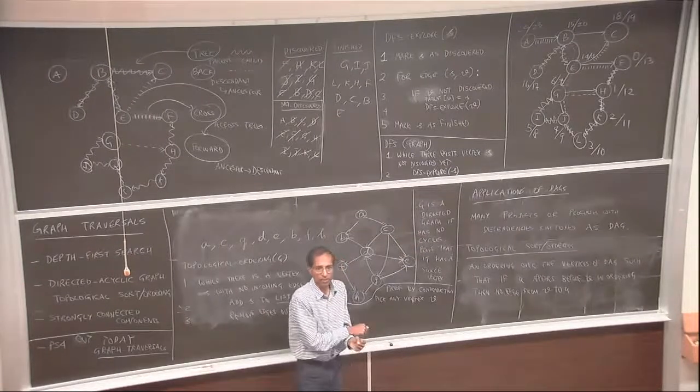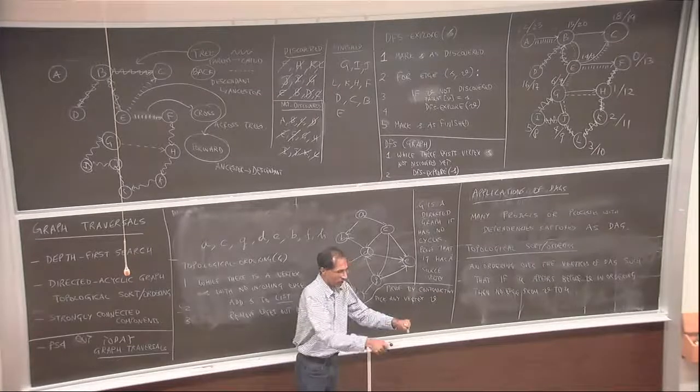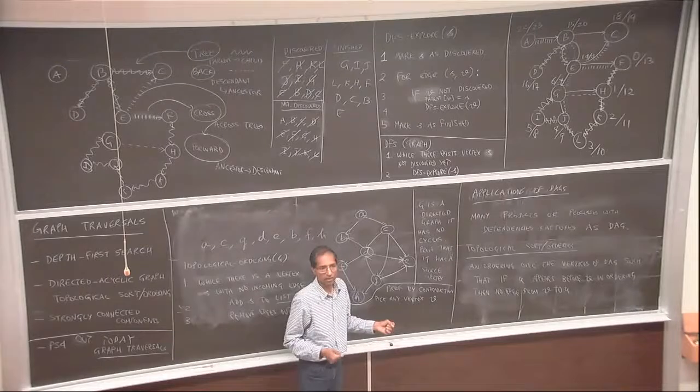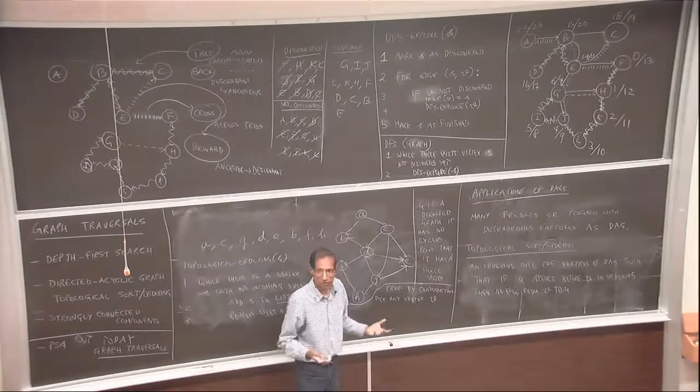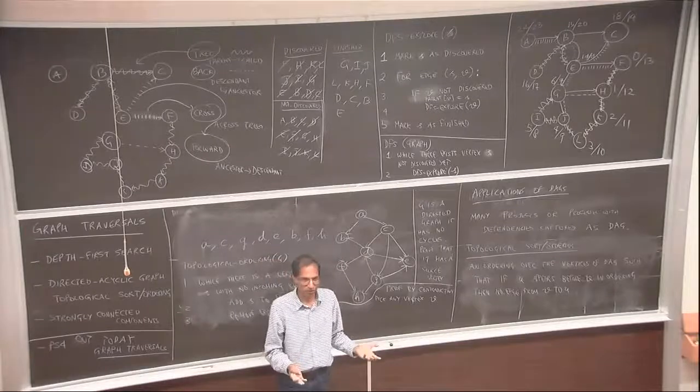So you go back on that incoming edge. And that vertex has at least one incoming edge, so go back again. At some point, since there is only a finite number of vertices, you will come back to one of the vertices, and that would be a cycle.